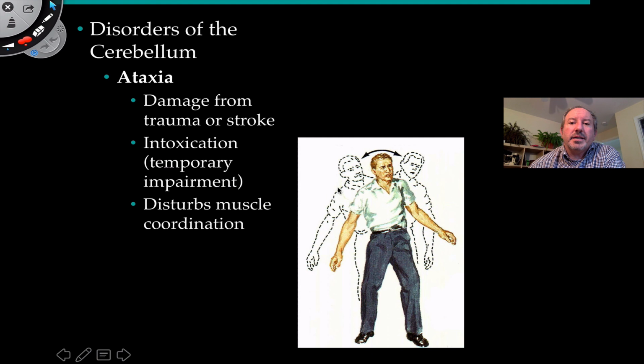And the ataxia can be brought on not just from severe damage, but temporary ataxia can be brought on by intoxication, in other words, alcohol. And that causes a person to stagger, characteristic of that, and it disturbs muscle coordination.